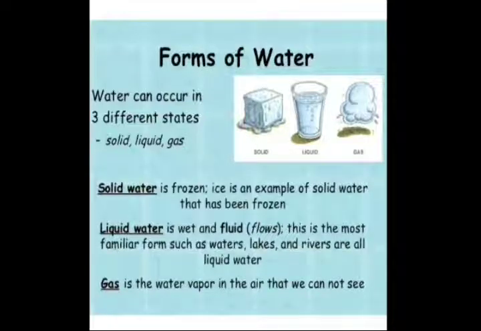Then we have the frost in the winter mornings. Then we have the gaseous state, that is the water vapor. The clouds, mist and fog are all examples of the gaseous state of water.